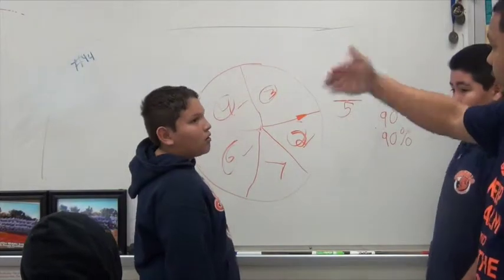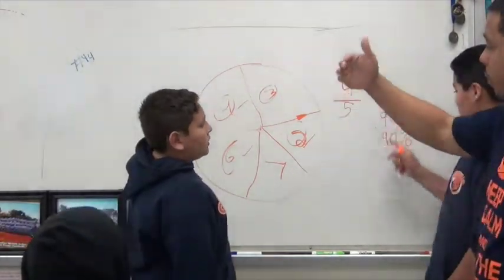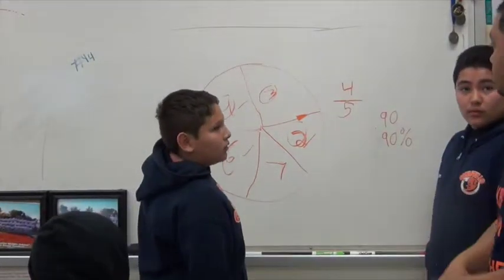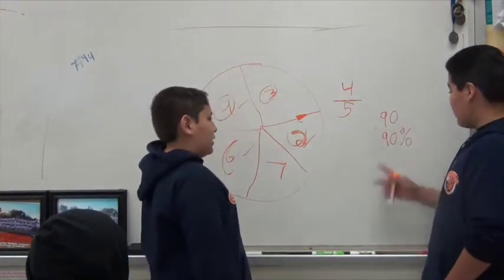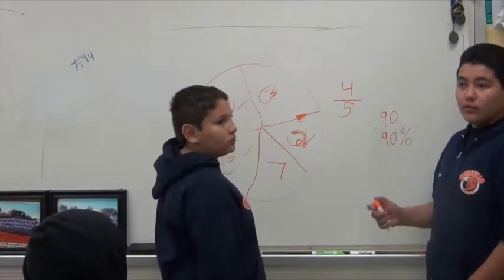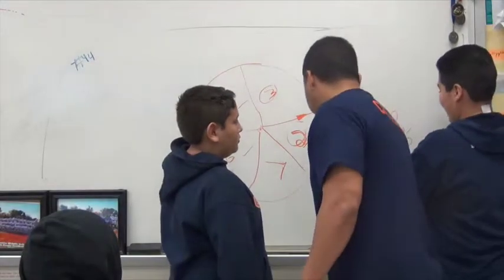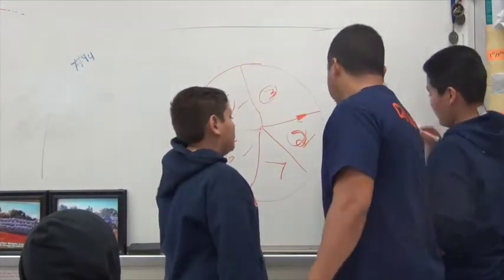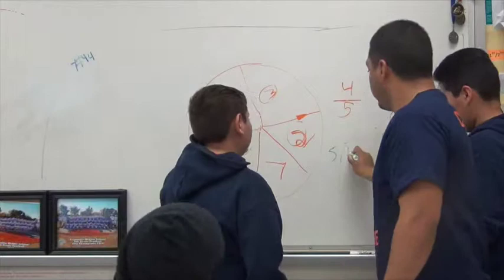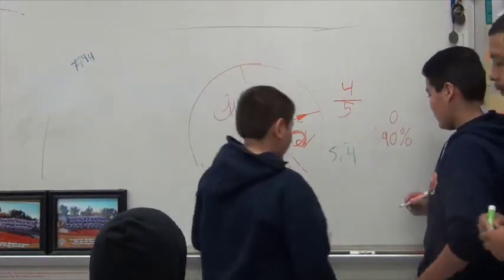So first, the fraction to a decimal, and then you go from the decimal to a percent. So how much was it as a decimal? Yes, it's 5 goes into 4, and then work from there, okay?